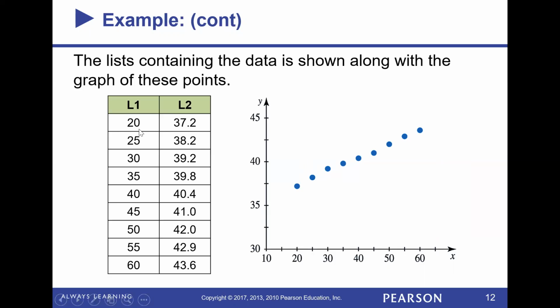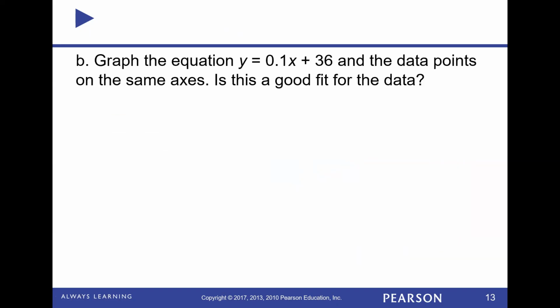And again, we established earlier that my list 1 all changes by 5, but my list 2, I got 1, 1, 1, and then a 0.6. So it doesn't always change at the same rate. So let's determine whether this is actually going to be a good fit.